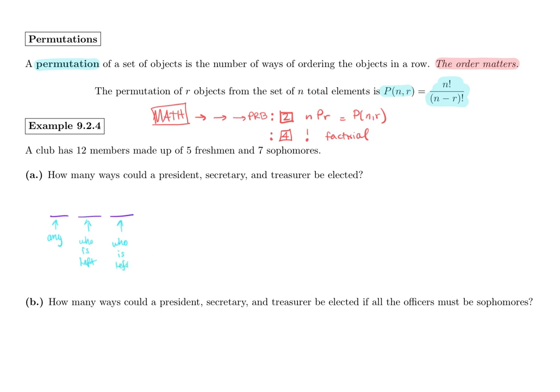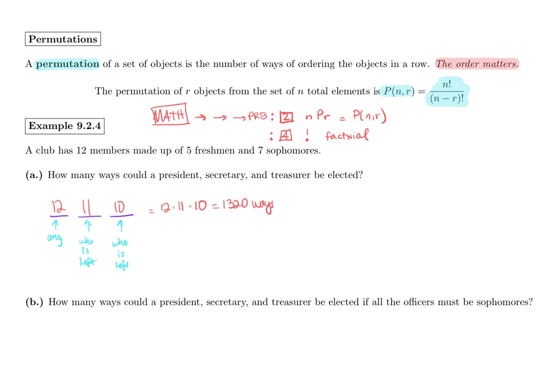So we would start out with 12, have 11 to choose for secretary, and then only 10 to choose for treasurer, or whatever order we put them in. So it would be 12 times 11 times 10, which is 1,320 ways.